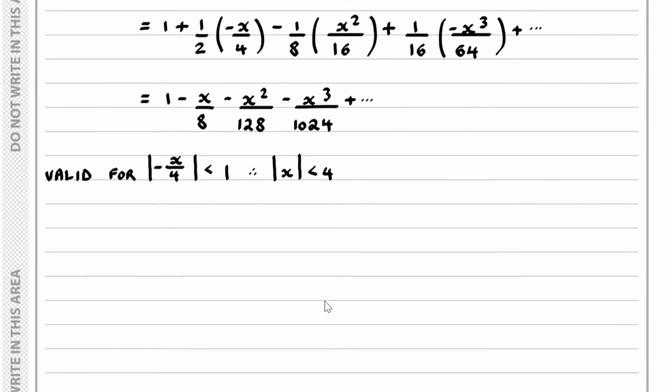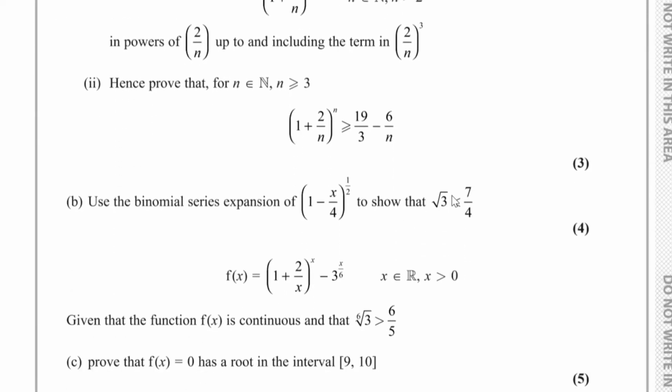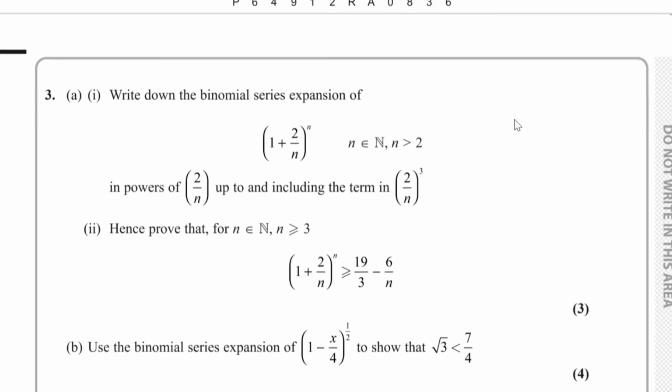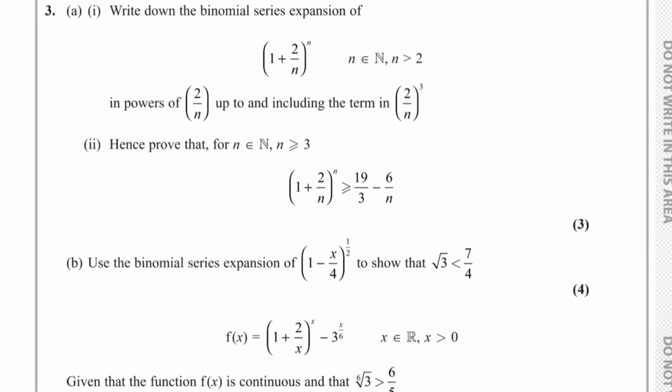And because we've got some sort of an inequality, and think about the direction of the inequality that's used, what we can say here then is 1 subtract x over 4 to the 1/2 is less than 1 subtract x over 8. And the reason for that is because we want this result to help us to show this result here, which is why I've got this inequality.